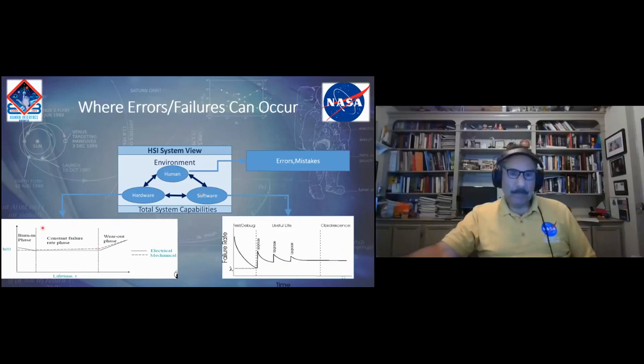One is here, the bathtub curve. You probably know this, especially folks studying engineering. This bathtub curve is associated with mechanical and electrical systems. You first have the burn-in phase, the early infant mortality, where things can fail early on because they're brand new. Manufacturing processes and things of that sort probably did not make things very well, and so things can fail.